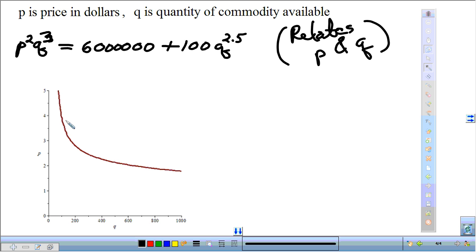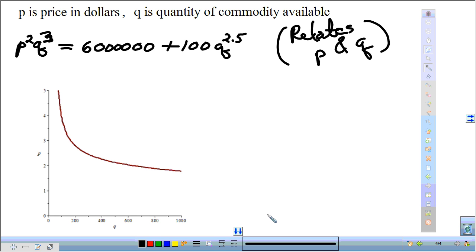Notice that this model, as the quantity available increases, the price drops. Sort of like if there are more barrels of oil available, the price goes down. If the quantity gets less or decreases, we notice then the price goes up. So not an unusual type of model for quantity available and price.